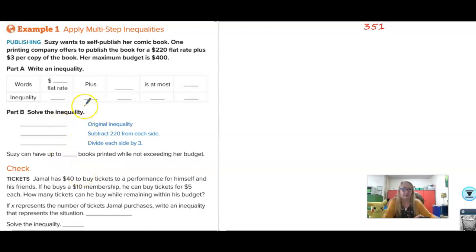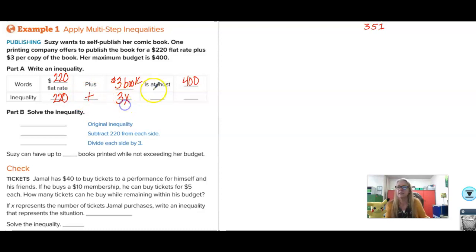Write an inequality. Okay, so let's see. I always have a fun time trying to fill in these little blanks here. The flat rate, they want to charge a $220 flat rate, plus they want $3 per book, and it can be at most $400 because that's what she has to publish the book. All right, so to write the inequality, you would have 220 plus 3x, I guess we can use x, right?